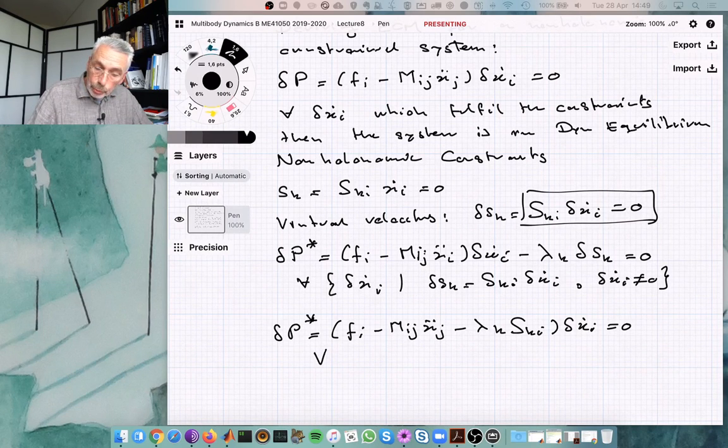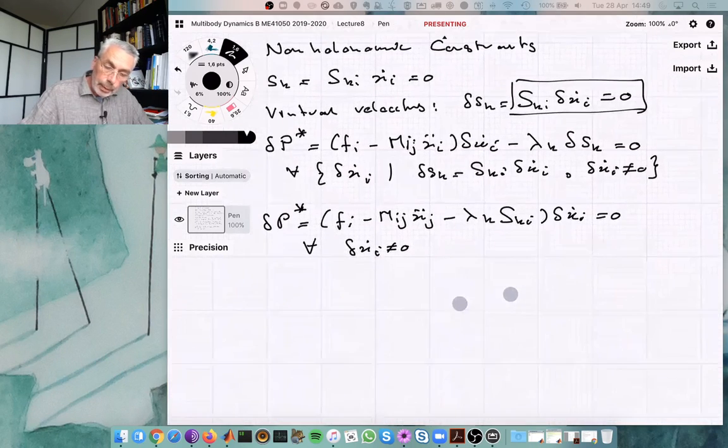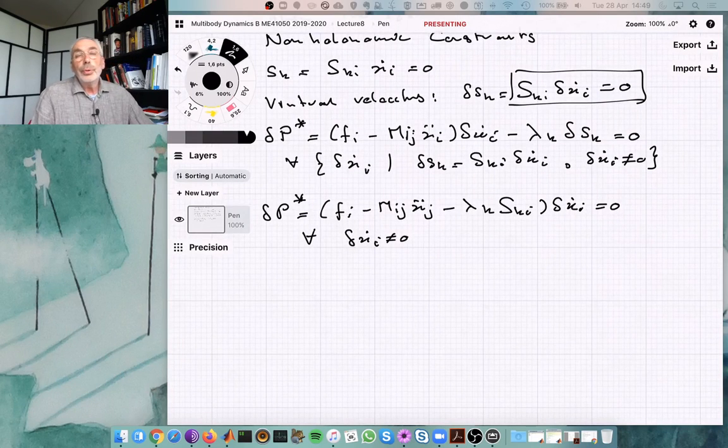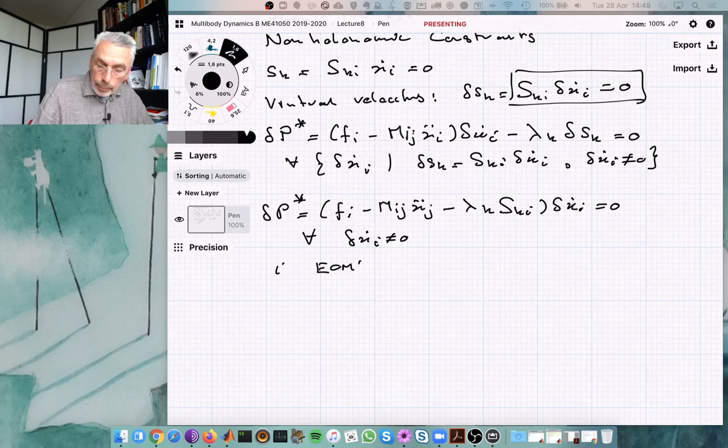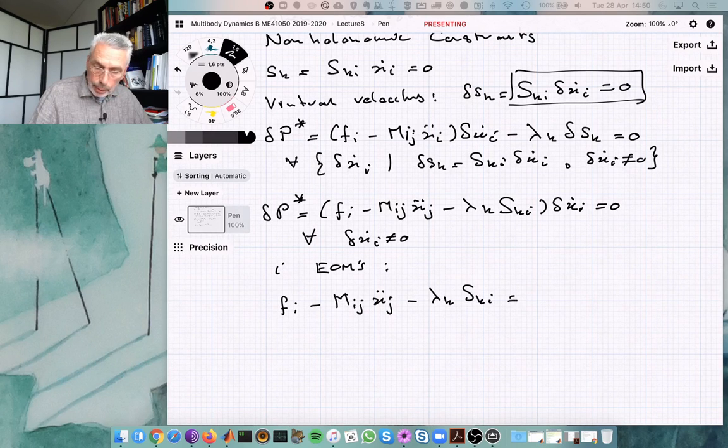Now this holds of course for all virtual velocities as long as they're not 0. Since this must hold for all non-zero virtual velocities, we get in total i equations of motion: F_i minus M_ij x double dot_j minus lambda_k S_ki is 0.